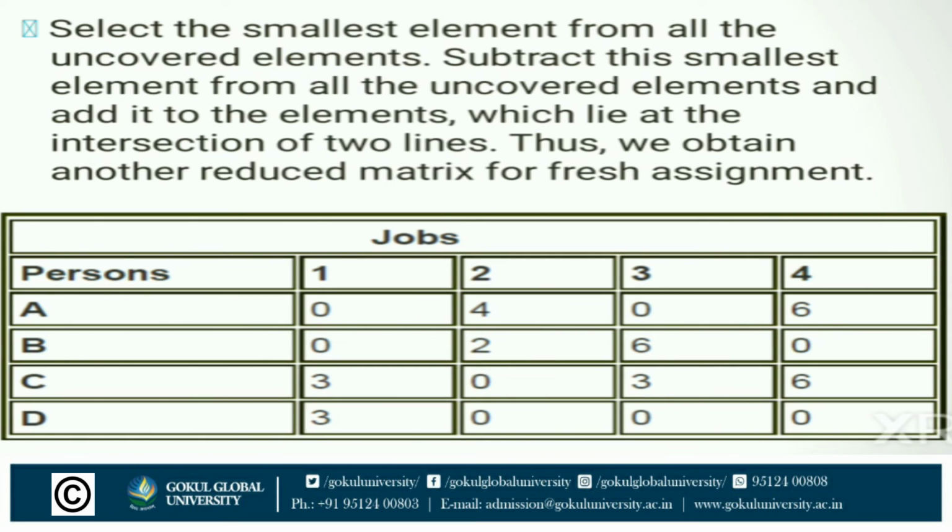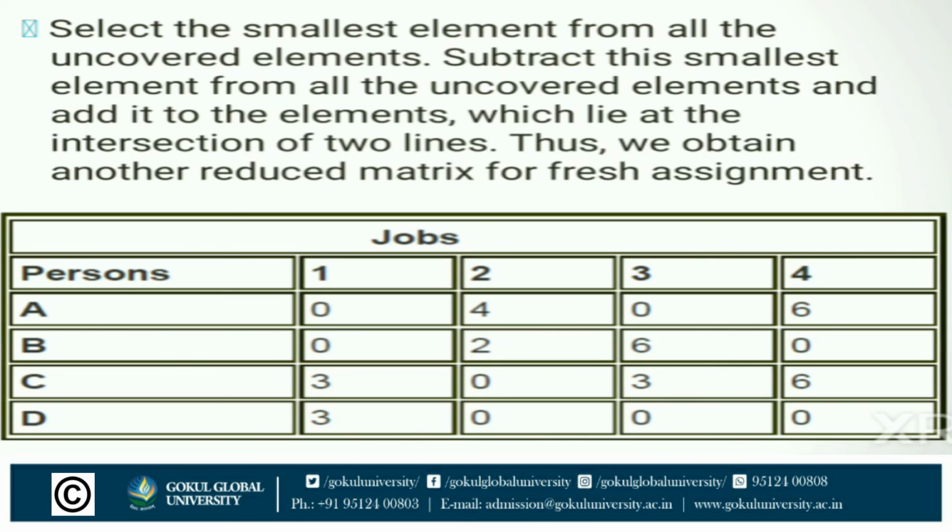Select the smallest element from all the uncovered elements, subtract this smallest element from all uncovered elements, and add it to the element which lies at the intersection of two lines. Thus we obtain another reduced matrix for a fresh assignment.